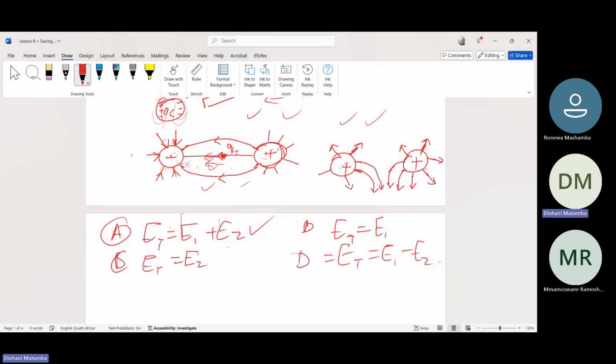Okay, so if I am analyzing the field in this direction, which one will be true? Ronel. So, would it not be C? No. D, I'm going to say D. Mamsane.